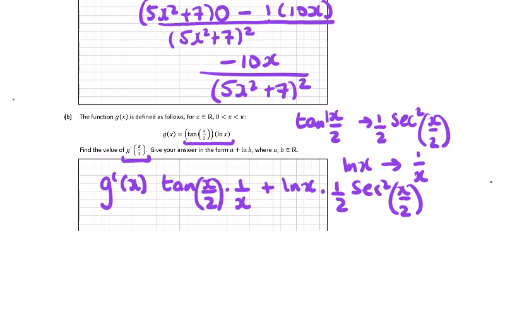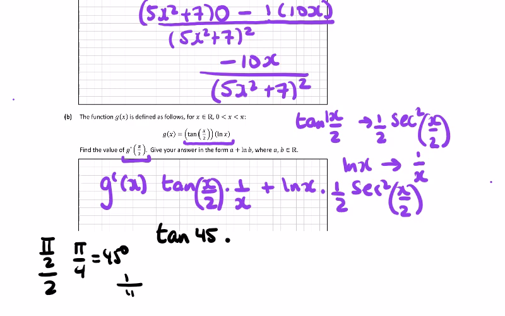So now we have to put pi over 2 in. So we're going to have an angle. The tan, just off to the side here, pi over 2 over 2. Well, the 2 drops to the bottom, pi over 4, which is 45 degrees. So we have the tan of 45 times 1 over x, which is 1 over pi over 2, which is 2 over pi. So tan of 45 by 2 over pi is the first one.